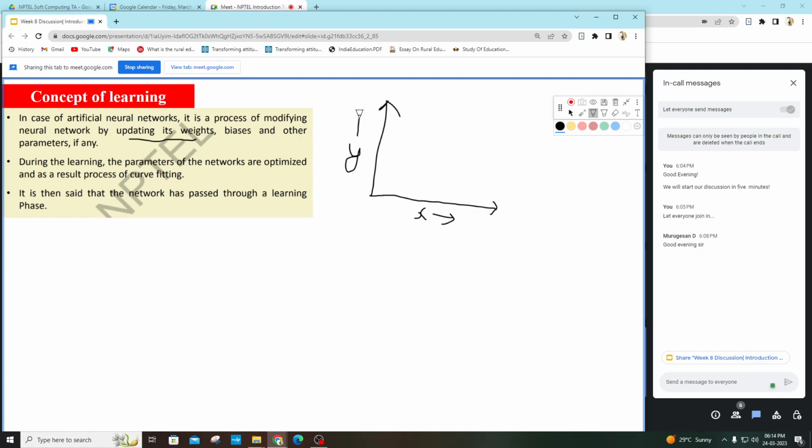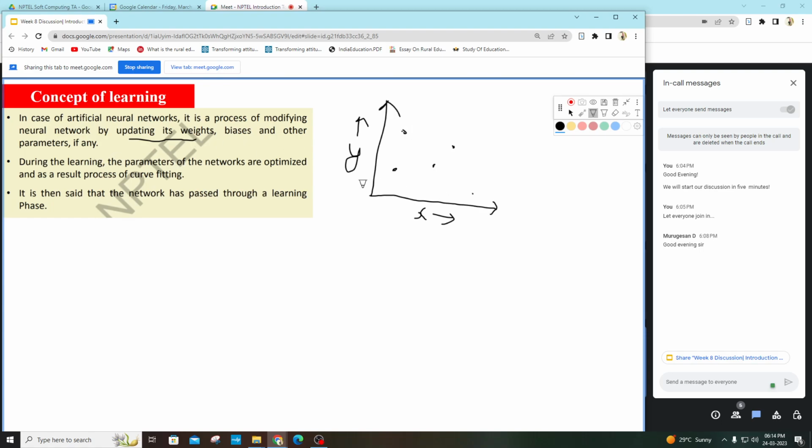X is your input and y is your output, and we have different data points, here one, here one, then here one. Some random data can be here also. These random data are called outliers.